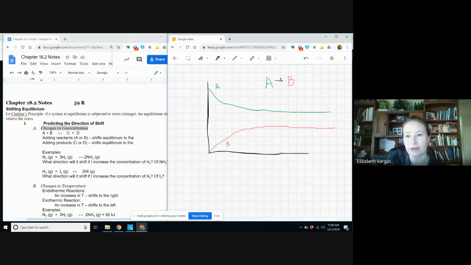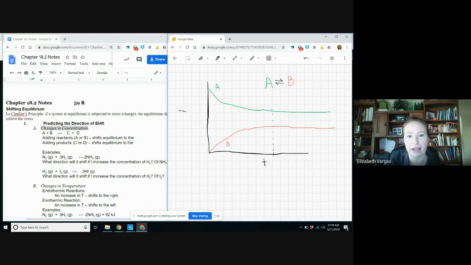So it can go to the right, or it can reverse itself and go to the left. So A is turning into B, and then B turns back into A. When the two rates, the forward and the reverse rate, are equal, we're at equilibrium. So I would say about right here. So everything to the right of this time, this is our time. T could be in seconds, could be in hours, could be in days, depending on the reaction.